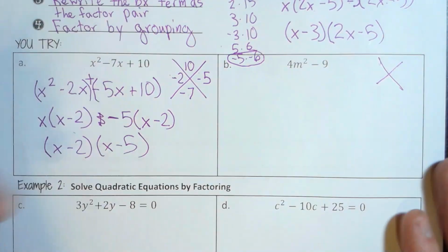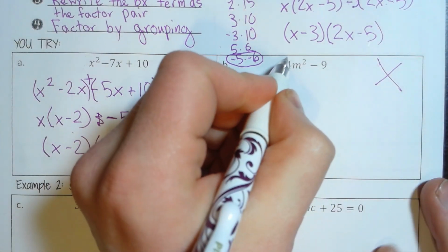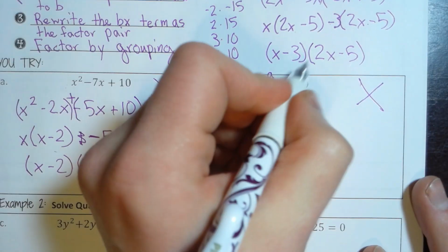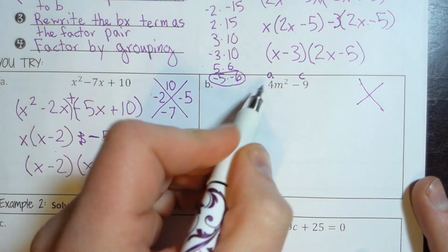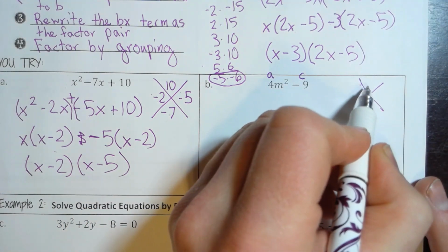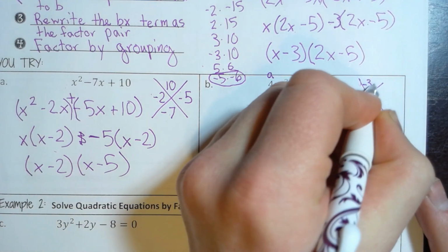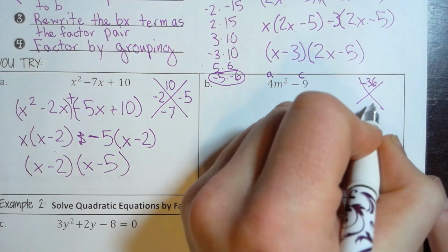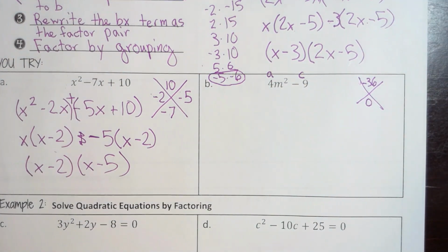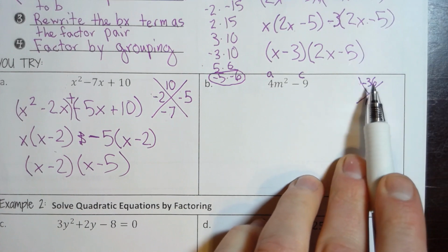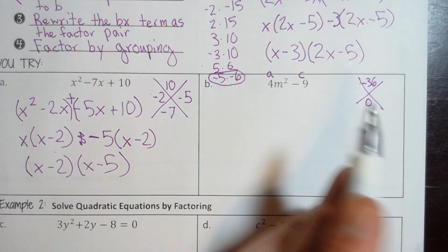We are doing our x method again. Notice this. This is an A, and we don't have a B. We don't have something times x. So that makes this a C. So I've got 4 times negative 9, and that is negative 36. And my B is 0, because I don't have a B. Okay, I need something times something that gives me negative 36, but when I add them together, they give me 0.